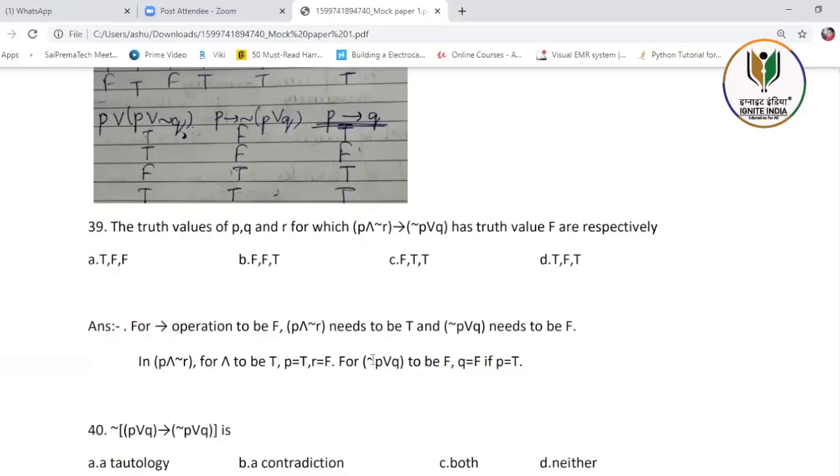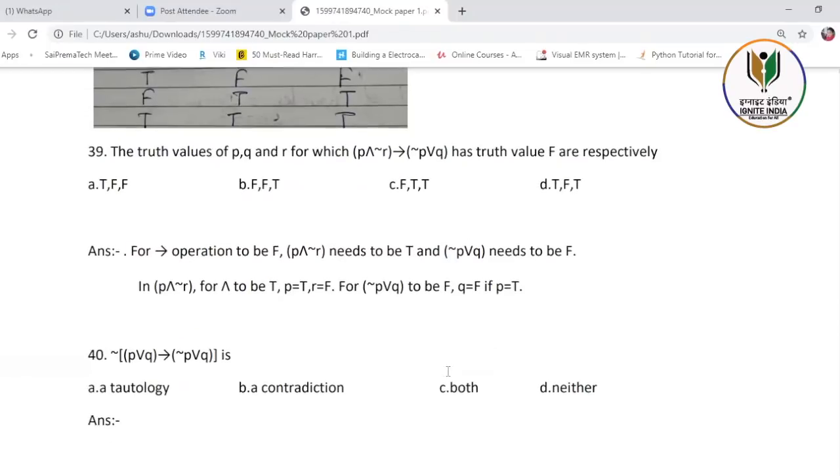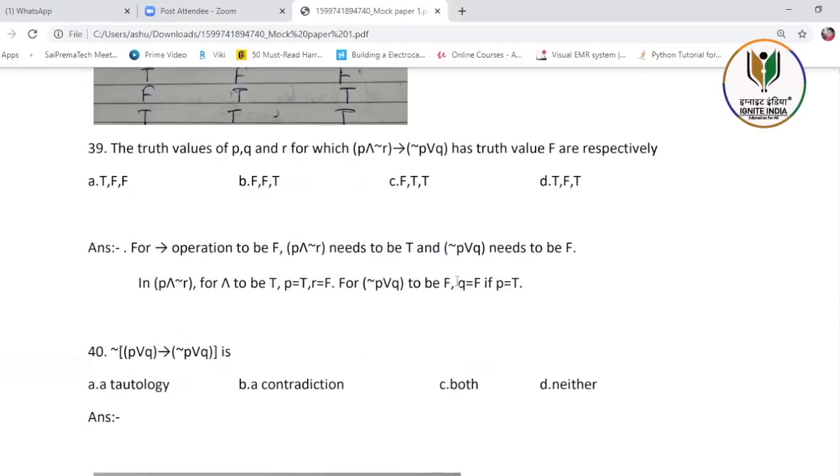We already know P is true. If you put here, it will be false. So for the whole thing to be false, Q should also be false. So you got P, Q, and R, which is true, false, and false.